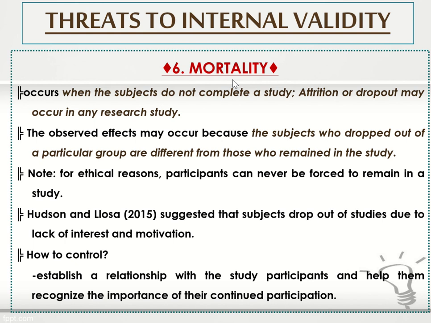So the mortality threat occurs when the subjects do not complete a study. So attrition or dropout may occur in any research study. So the observed effects may occur because the subjects who drop out of a particular group are different from those who remained in the study.